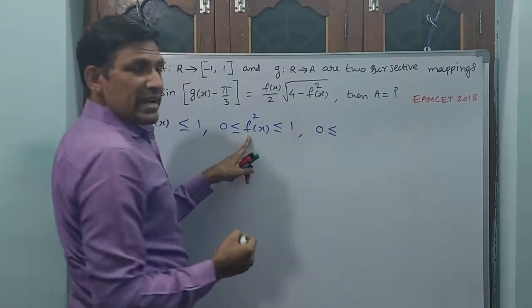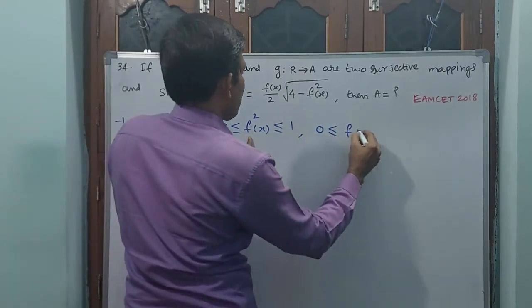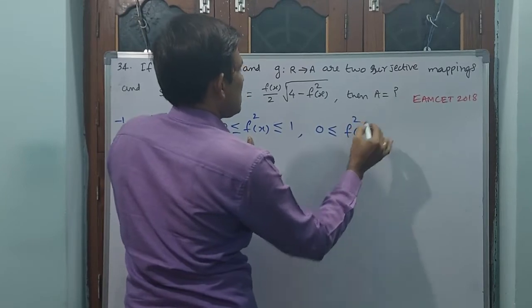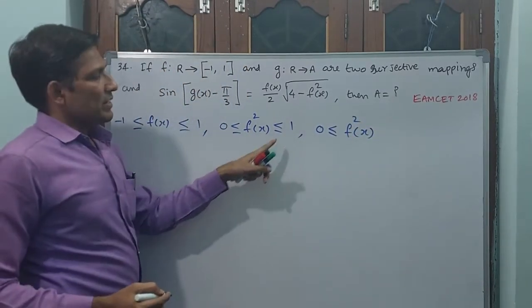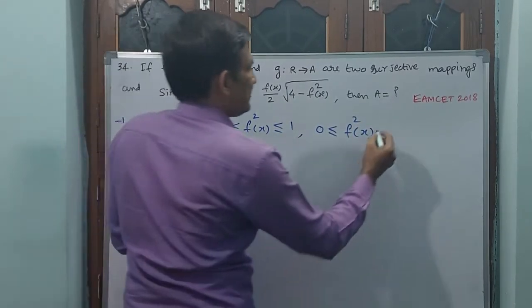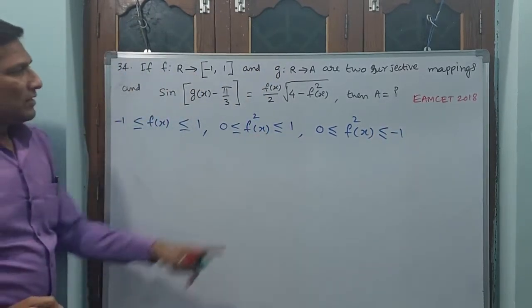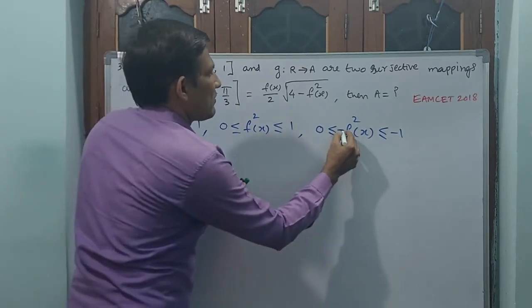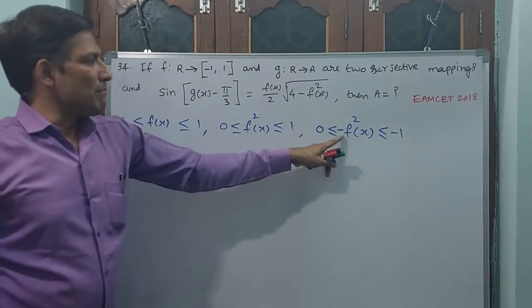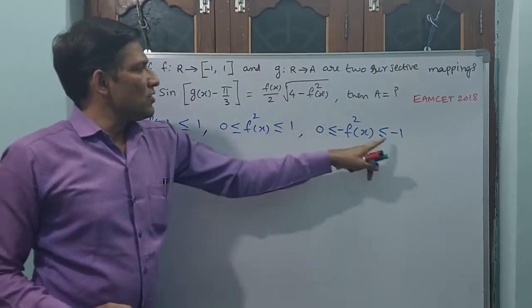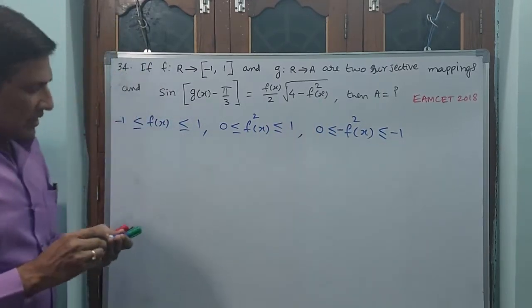Okay, this is minus f of x square, and this is -1. Is it okay? Sir, this is minus f of x square. Minus. Why? Because minus we want. Minus 0, -1. Okay? Now come back.